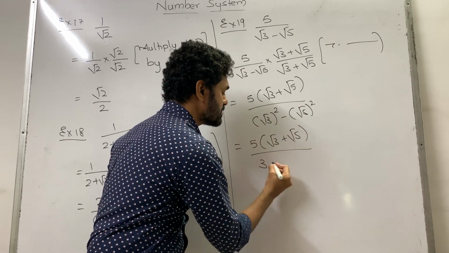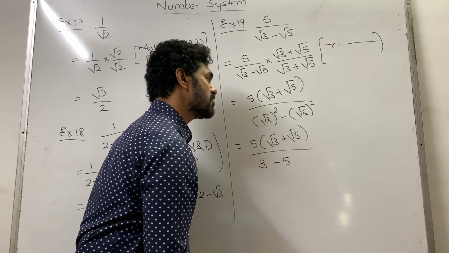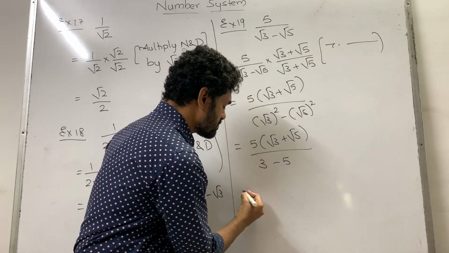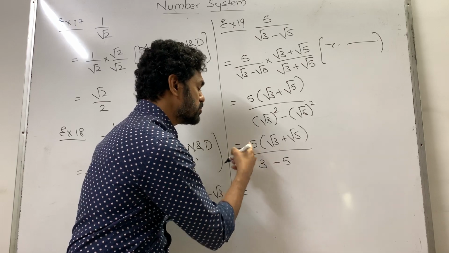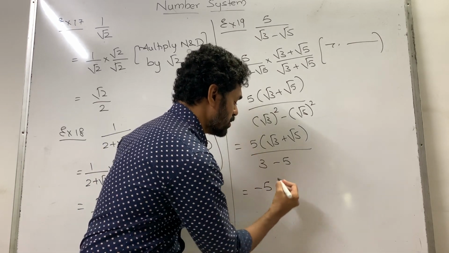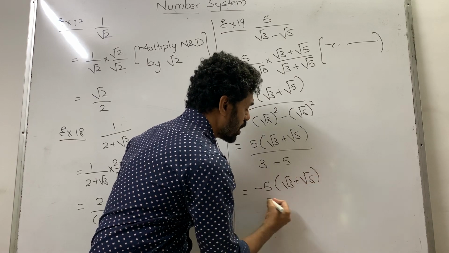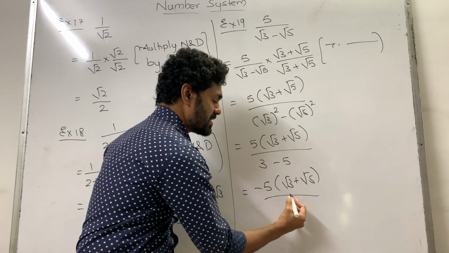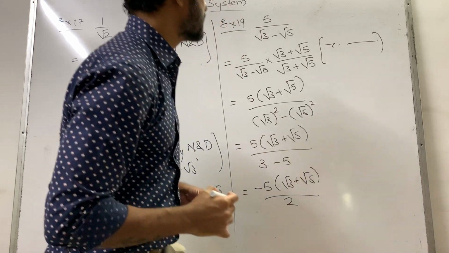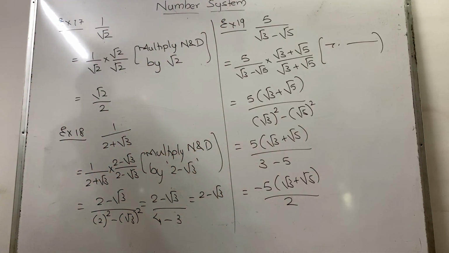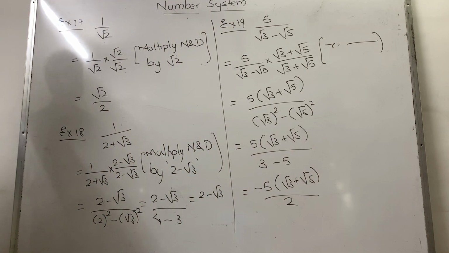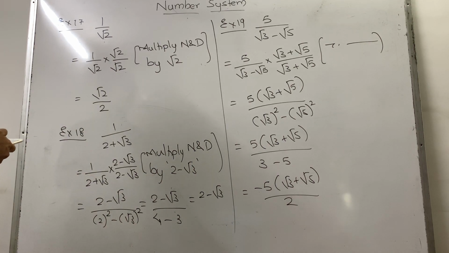Root 3 square is 3, root 5 square is 5. 3 minus 5 is minus 2. Minus 2, I place the minus sign in the numerator, and in the denominator minus 2, this is the minus sign and this is the 2. This is your answer. This is the solution for example 19.